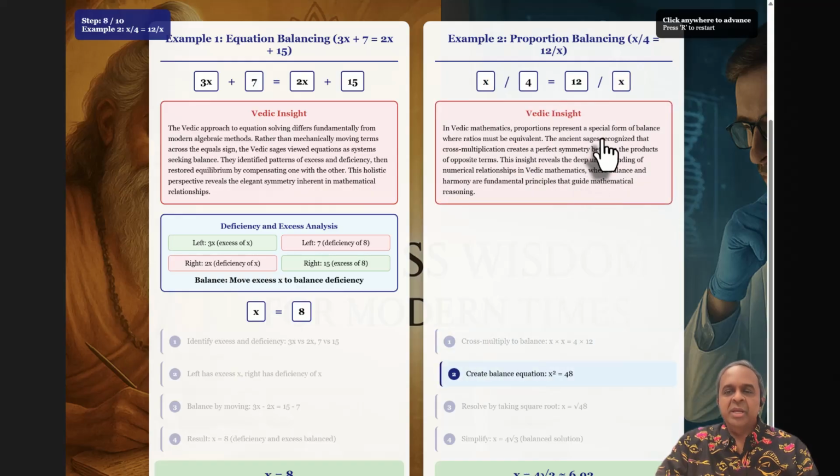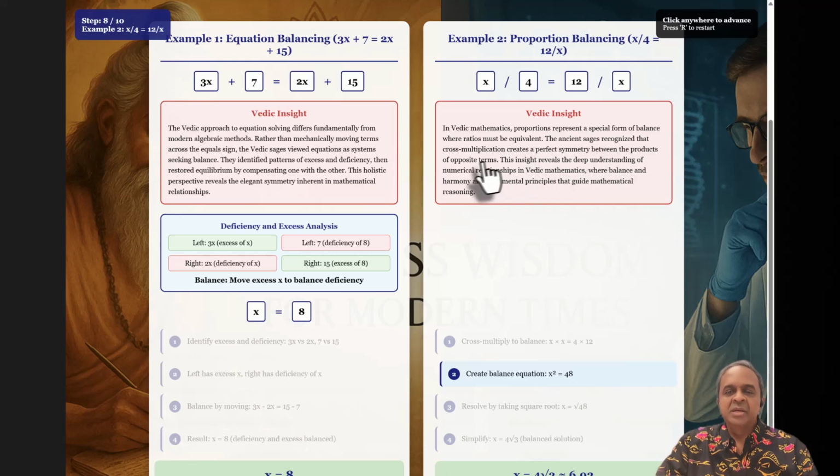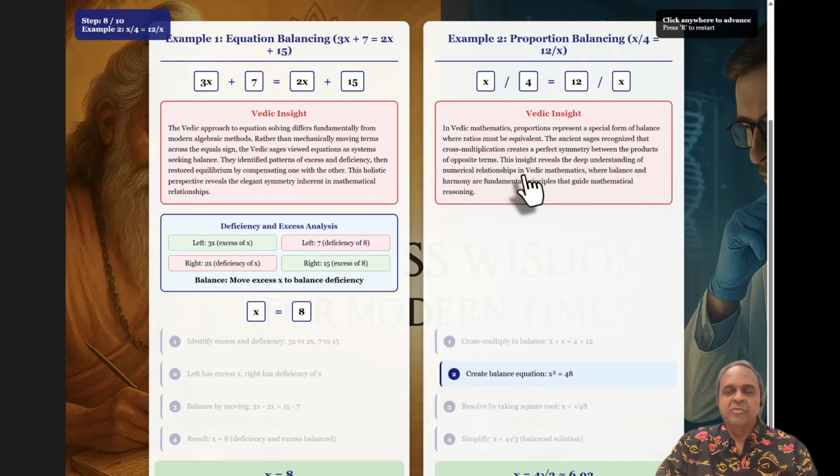The ancients recognized that cross multiplication creates a perfect symmetry between the products of opposite terms. This insight reveals a deep understanding of numerical relationships in Vedic mathematics, where you establish balance and harmony, and they become the fundamental principles that guide mathematical reasoning.